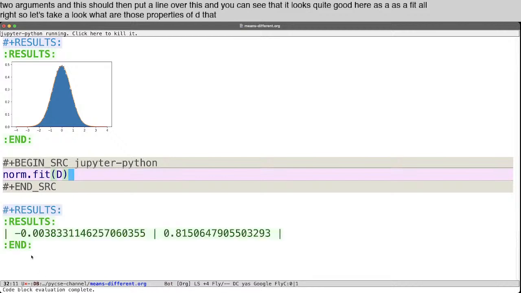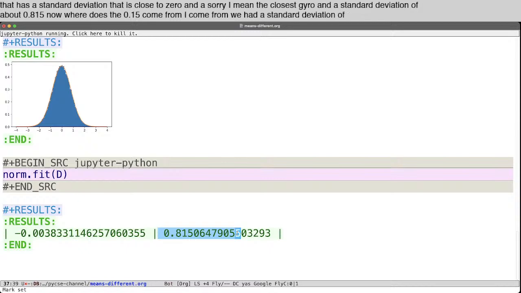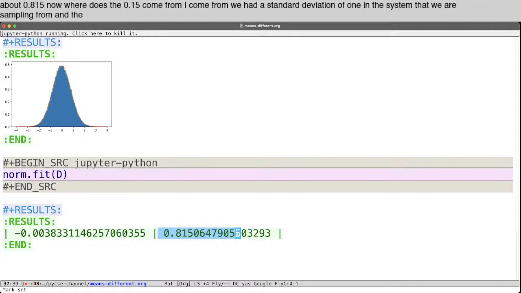That has a mean that's close to 0 and a standard deviation of about 0.815. Now, where does the 0.815 come from? We had a standard deviation of 1 in the system that we are sampling from, and the difference of those 2 means has a standard deviation that's less than 1.